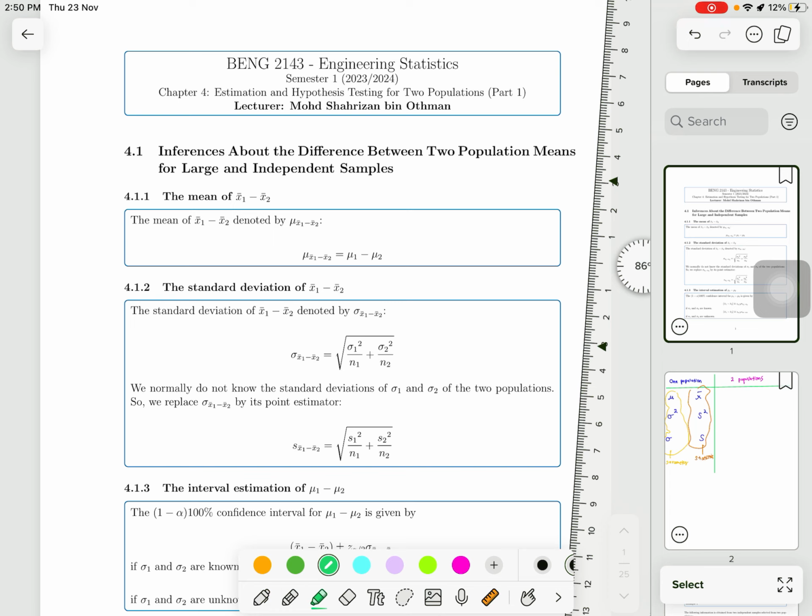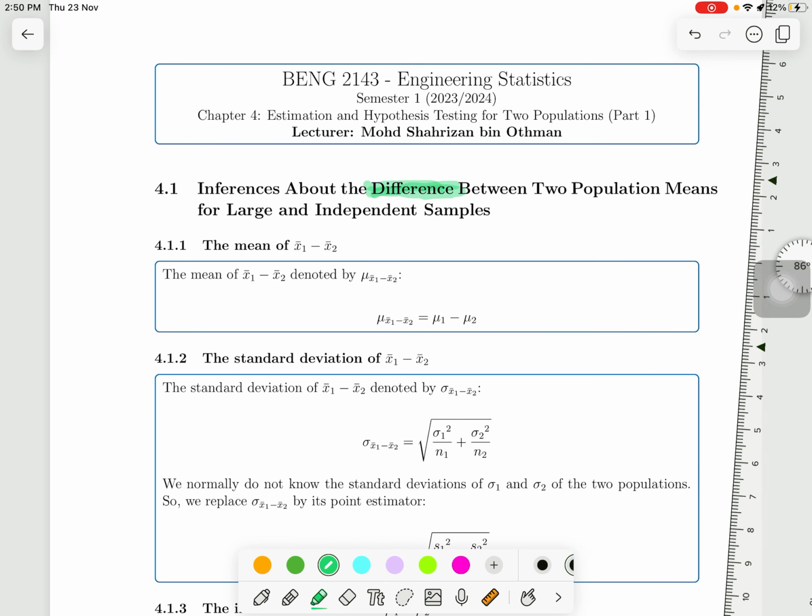Don't be confused, don't feel it's difficult when there is the word different. So the mean of x bar 1 minus x bar 2 denoted by mu of x bar 1 minus x bar 2 is equal to mu 1 minus mu 2.